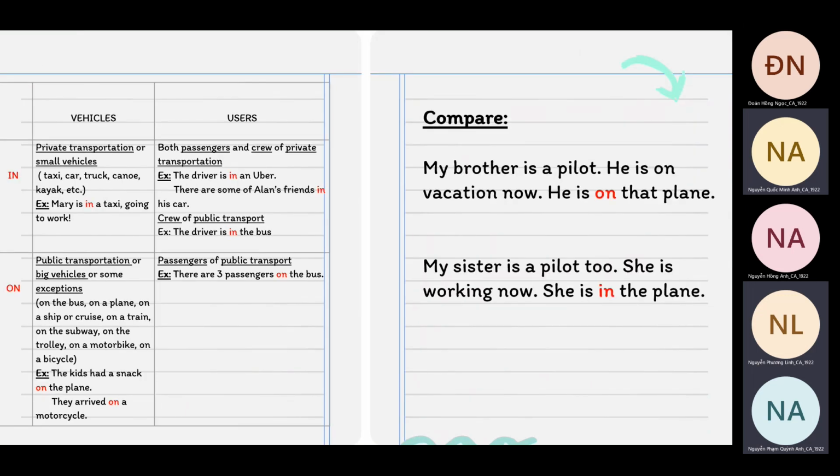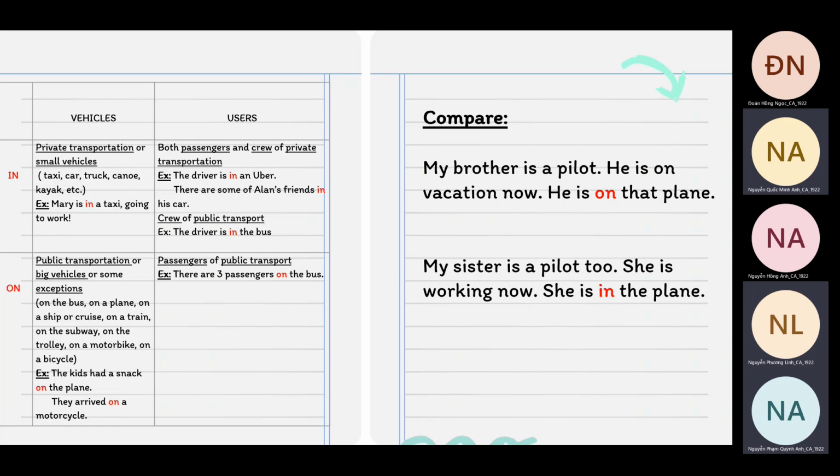So here is a table illustrating the use of two prepositions, in and on. For vehicles, we use in for private transportation or small vehicles like taxi, car, truck, canoe, kayak, etc. For example, Mary is in a taxi going to work.